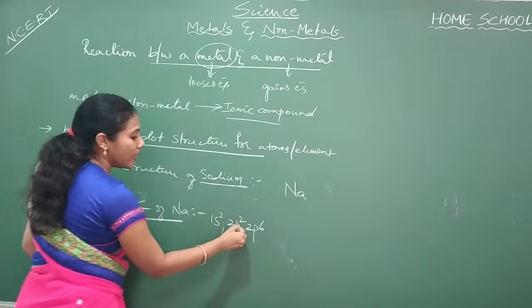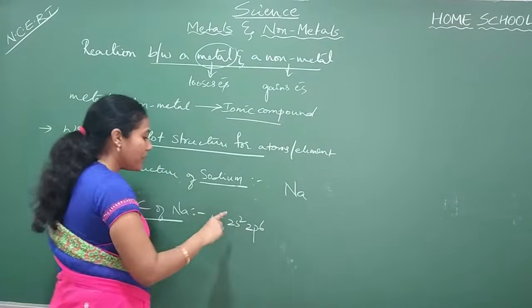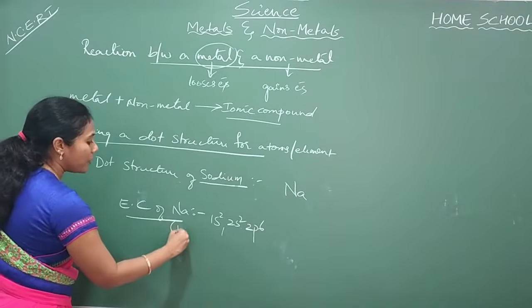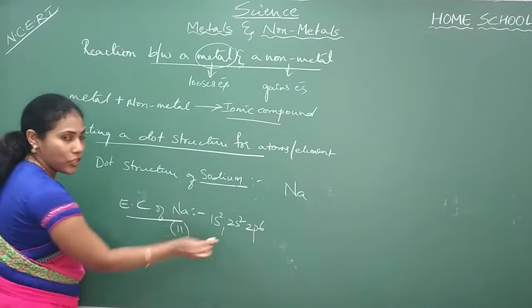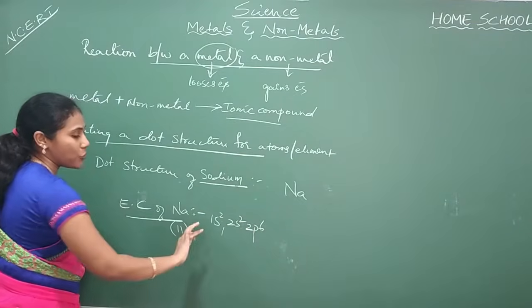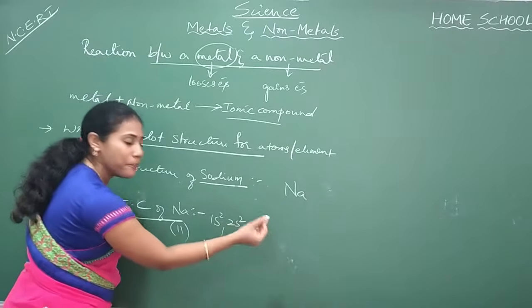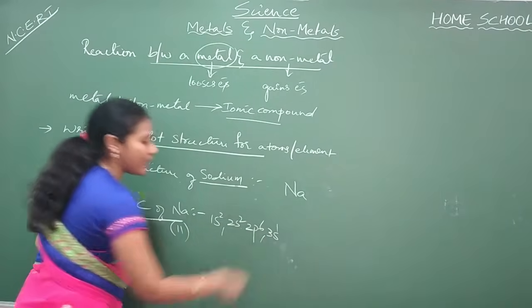After 2s, 2p will come. You have to remember the trick which I told you in the previous class. The atomic number of sodium is 11, so 11 electrons you have to show. 6 plus 2, 8. 8 plus 2, 10. One more electron is there. 2p is completely filled. After 2p, 3s will come. 1 is there.